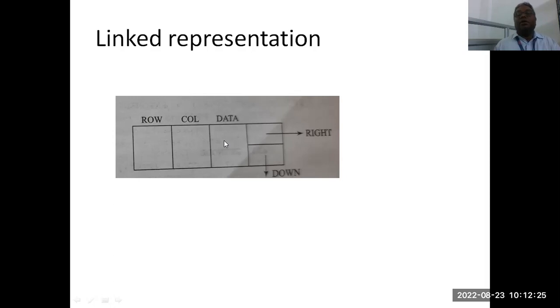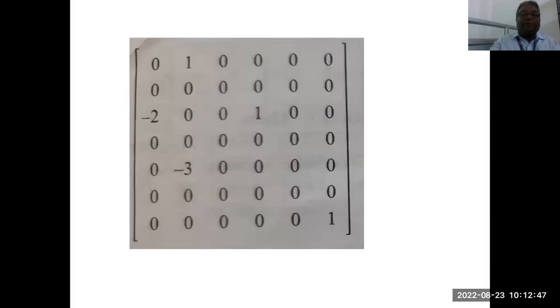And this is the right pointer and this is the down pointer. If there is any element in that particular row, we link it through the right pointer. If there is any non-zero element in that particular column, we represent it with the down pointer.